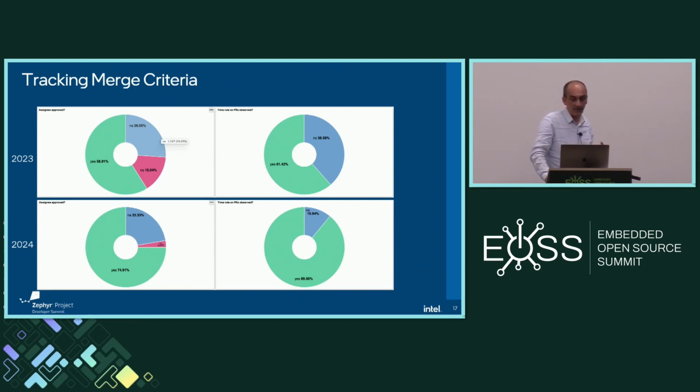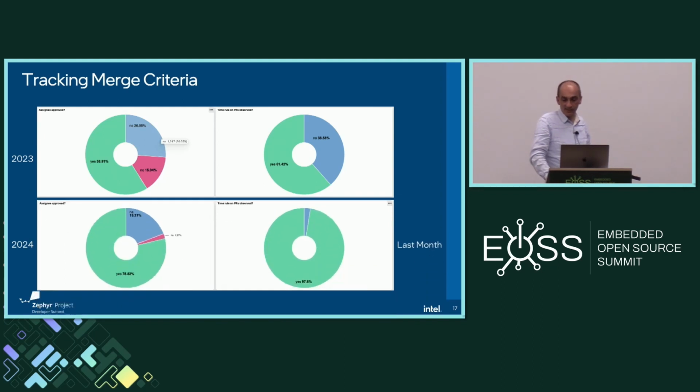But the number in red here is a major improvement from 2023. Similar thing with the review time: we went down from almost 40% to 10%, which is really great. That means we have given people enough time to review things.